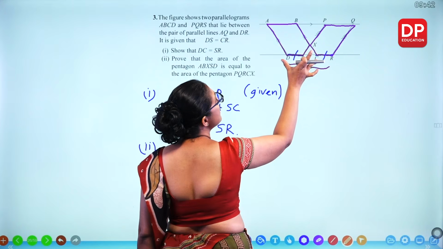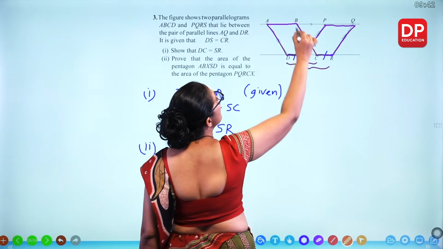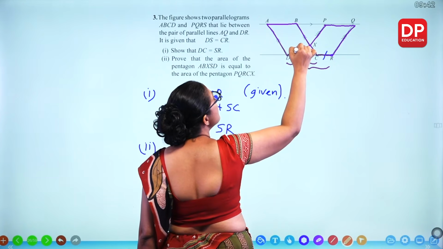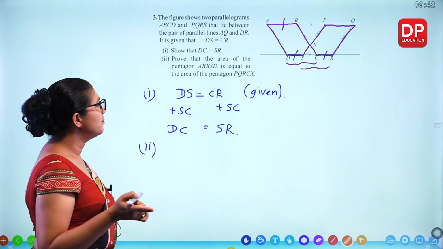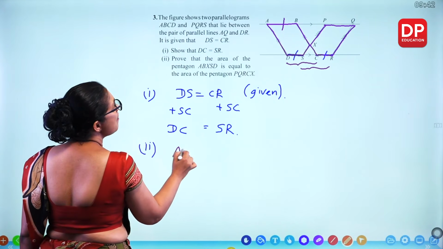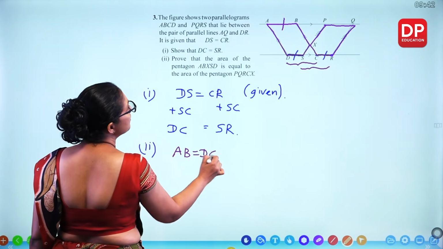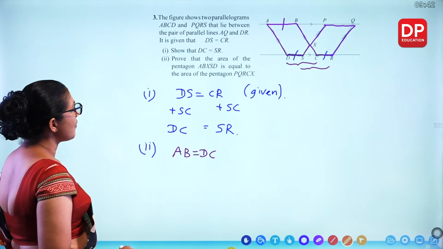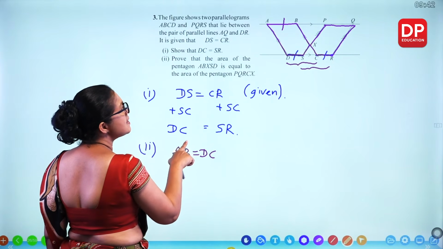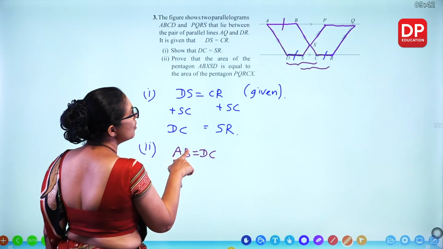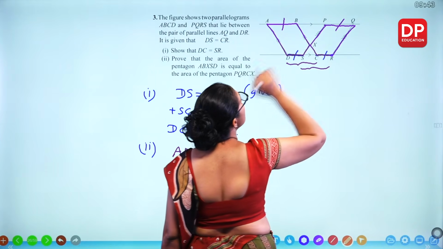If this length is equal to this length, we know if this and this equal, this is also equal to this one. Why? This is a parallelogram. I can say AB is equal to DC. But we know that DC is equal to SR. So this length is same as this length.